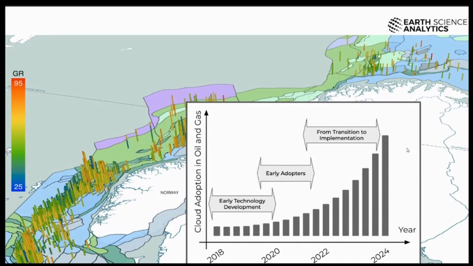The ability to do so has been around for a few years. Now, several early adopters are working hard to deploy cloud solutions in their companies. But we believe that this will change and that this will become mainstream, and we will see a transition in the coming years to high-scale adoption.